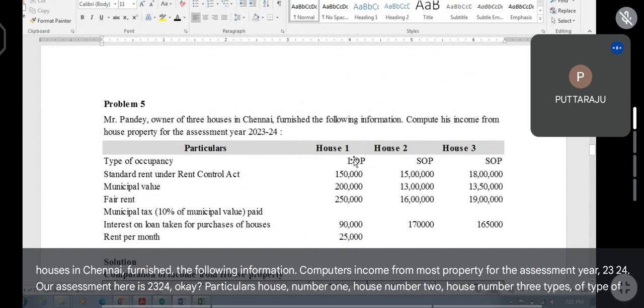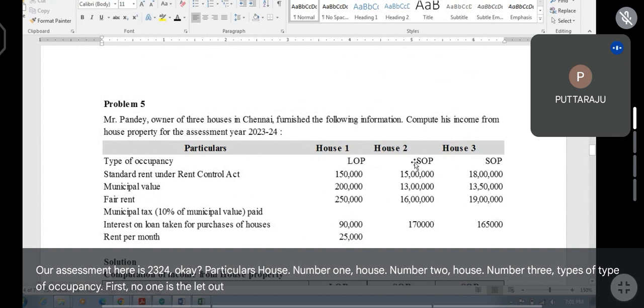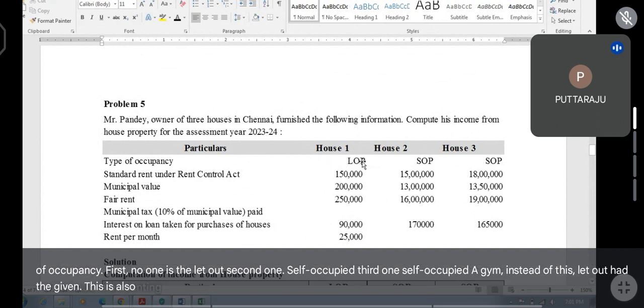Type of occupancy. First one is let out. Second one self-occupied. Third one self-occupied. Assume instead of this let out, had they given this is also self-occupied, what would have been your answer?